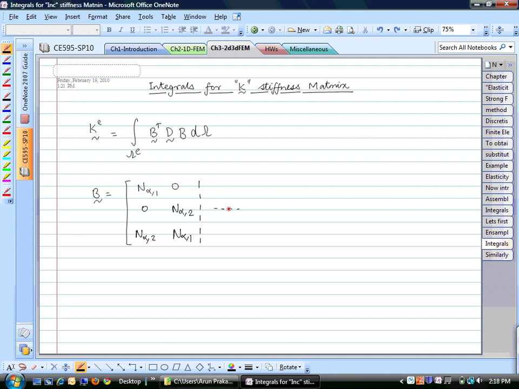So I'm writing it out as a general B matrix. This part needs to be repeated for each of the 3 nodes. Alpha is the node. So if you plug in alpha equal to 1, you will get the first component of the B matrix. Similarly, alpha equal to 2 and alpha equal to 3. For the 3 nodes, you need to replicate this part.